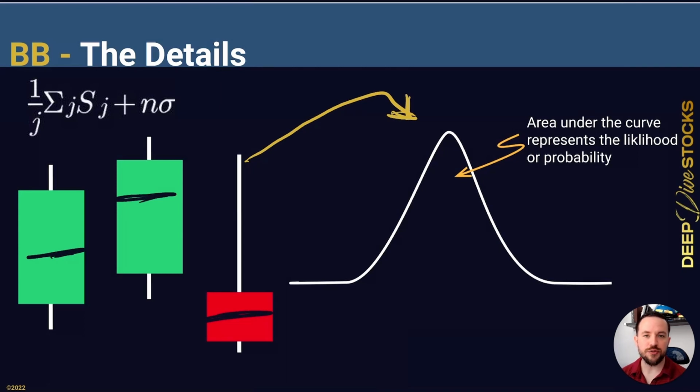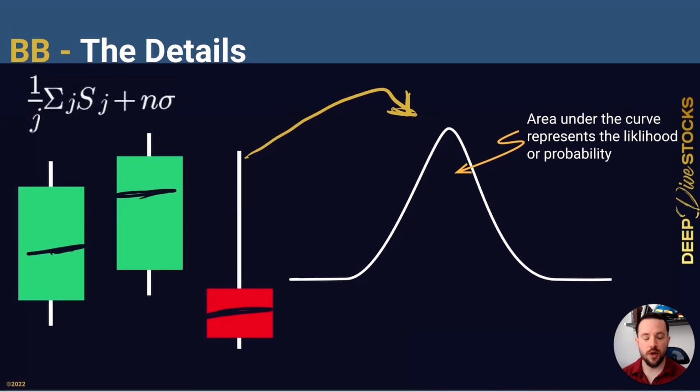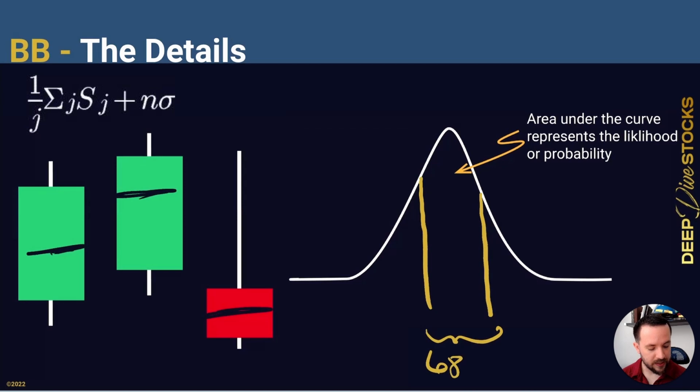And if this is your first time being introduced to a normal distribution curve, don't worry too much. The whole idea is that we can map out the probability of some event occurring and then look at the area underneath this curve to figure out the actual probability of that event occurring. So from there, the cool thing about the Bollinger Bands is we can slice this probability curve to tell us, hey, I want to know what is 68% probable given the past data.